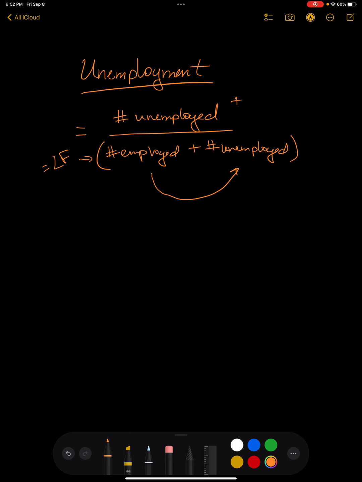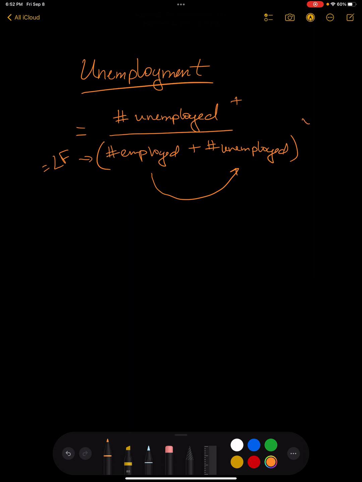So the bottom is staying the same, right? They're still in the labor force. They're just moved from employed to unemployed. And the numerator or the top of that fraction has gotten bigger. So if the top of a fraction gets bigger, when the bottom of the fraction stays the same, that unemployment rate is going to grow.